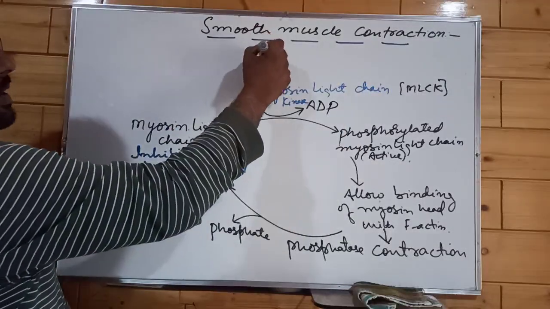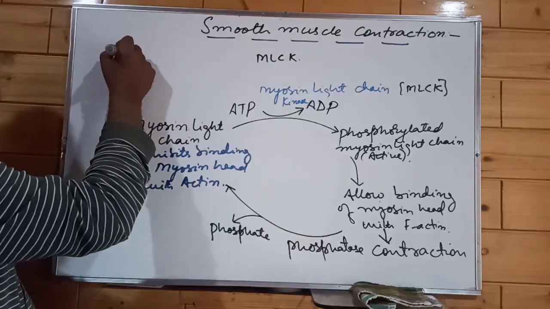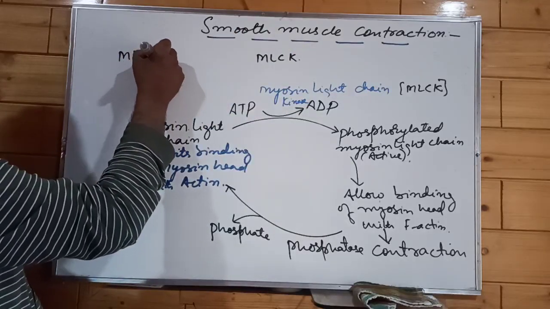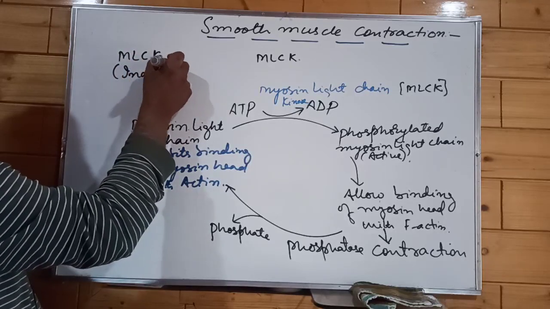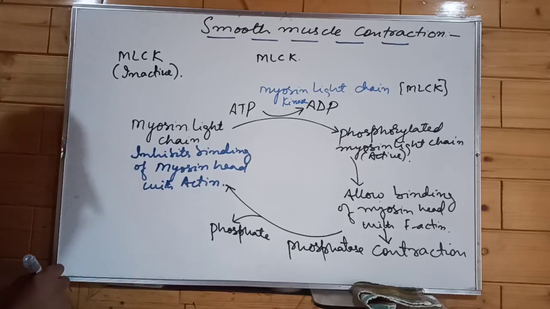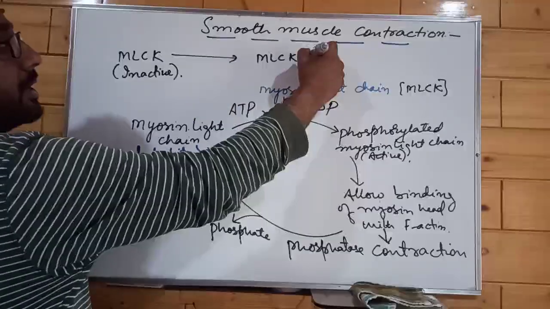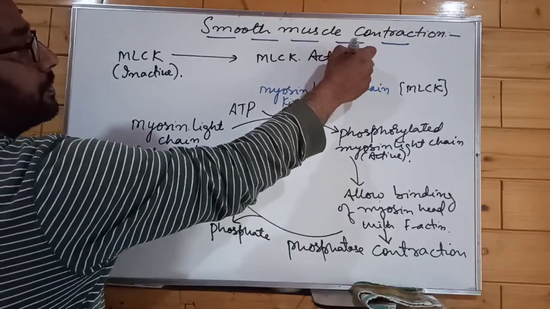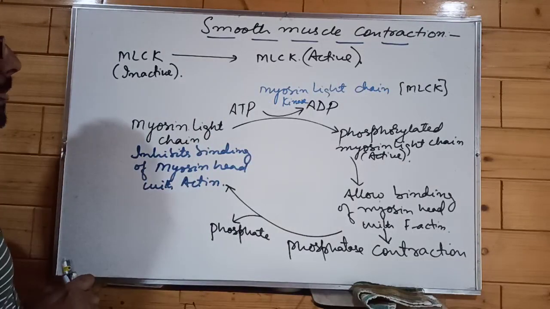This MLCK, myosin light chain kinase, is initially inactive. Its activation into its active form requires two things.